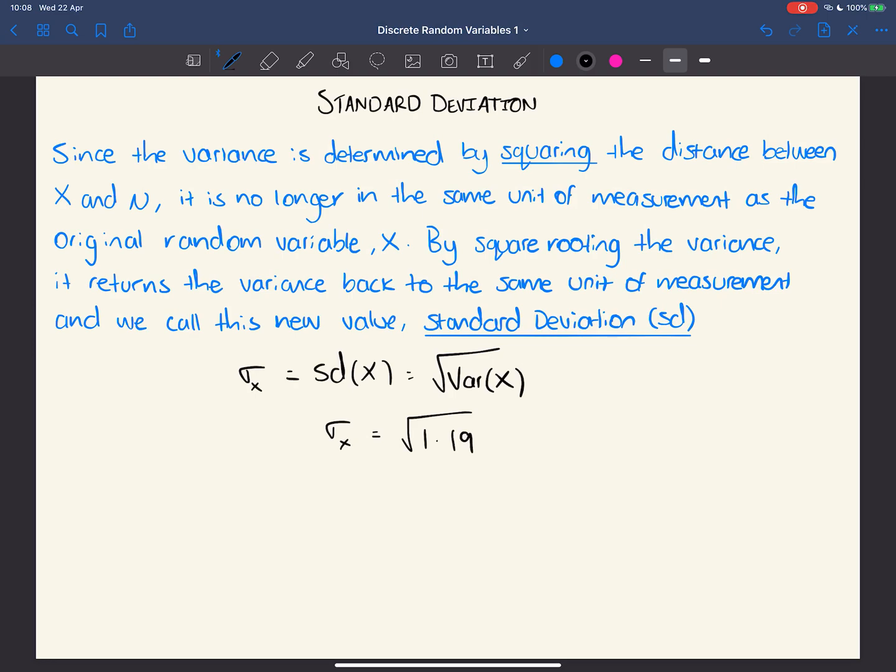And if you do that, you get approximately 1.09. Now, because we took the square root, we are back in context. We have the unit of measurement. So what does this tell us?